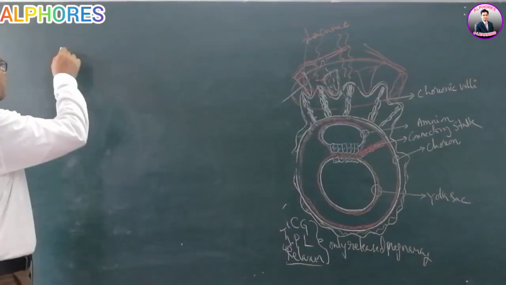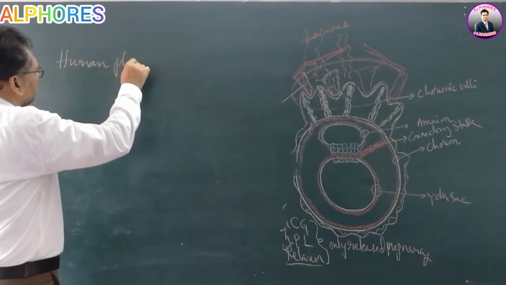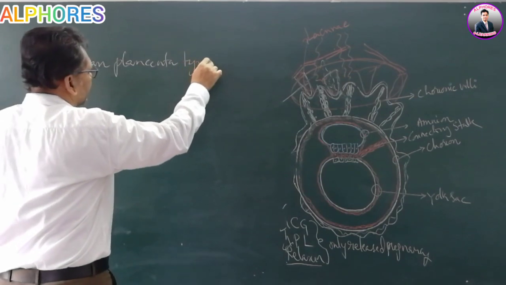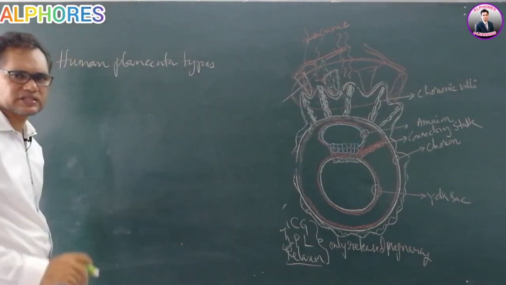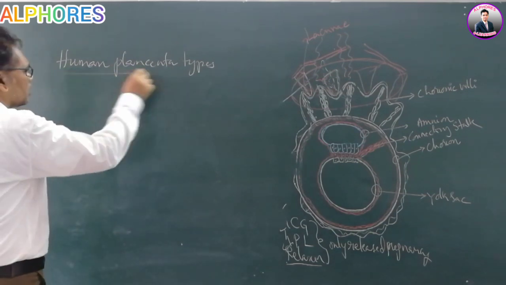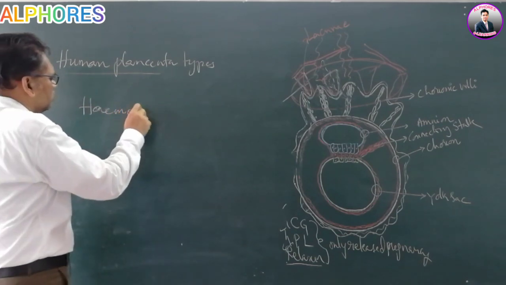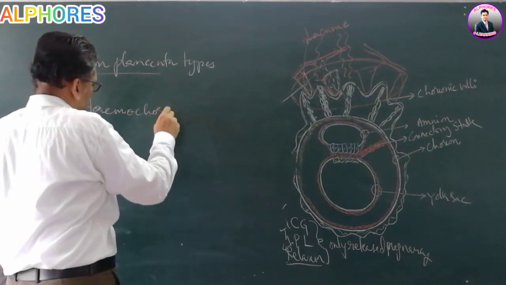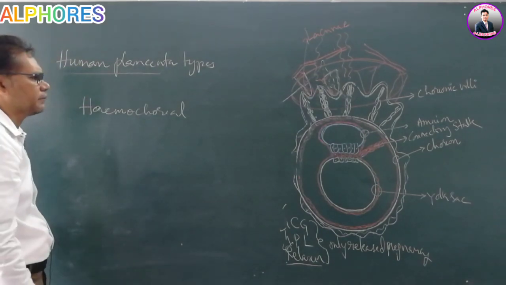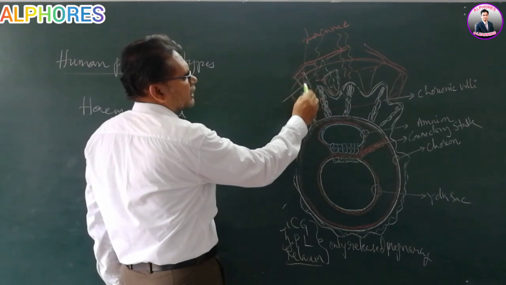Okay. Human placenta types. Now how many types is the human placenta considered as? Now the human placenta is considered as hemochorial type because the chorionic villi are in direct contact with the blood vessels here.